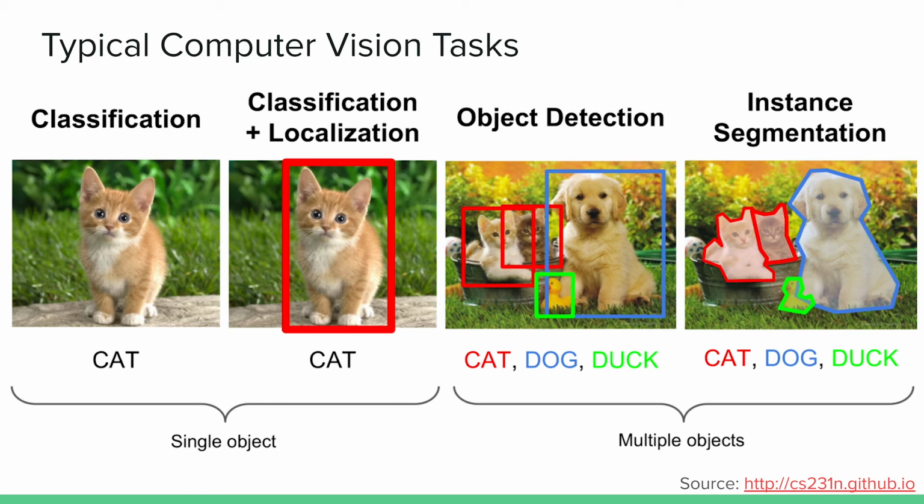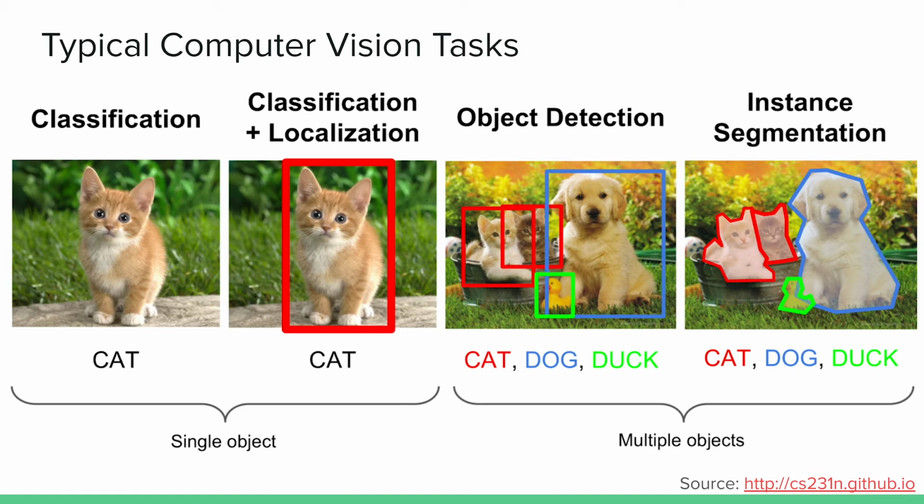We might also want to add more information to say what the object appearing in this image is and where it is. That would be classification and localization. And if we have multiple objects, we can go one step further and say, there are multiple things in this image, please tell me what they are and where they are. This would be called object detection.